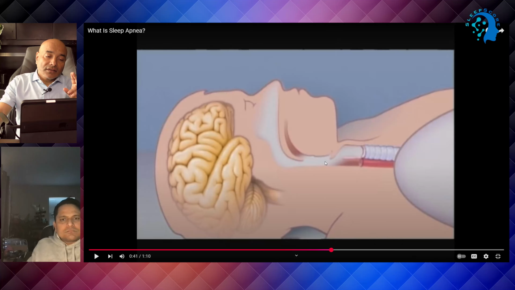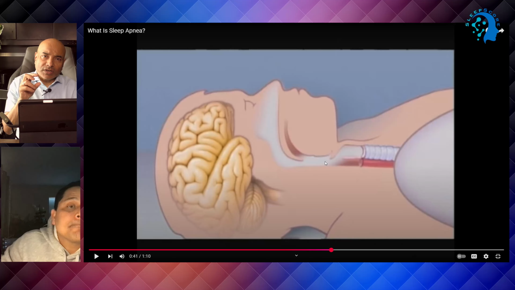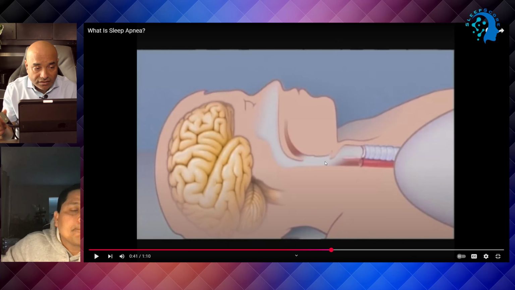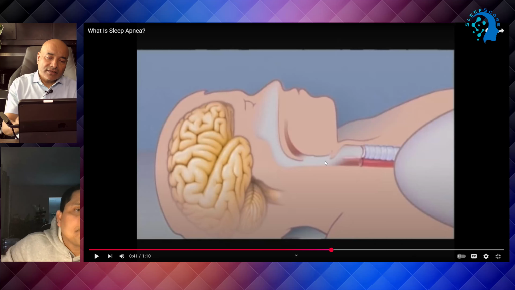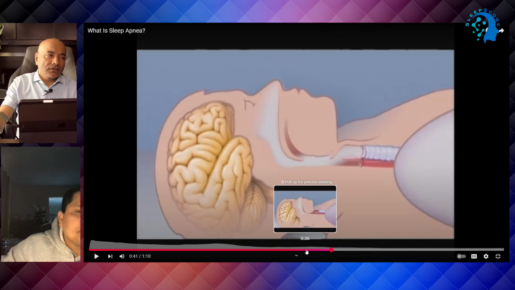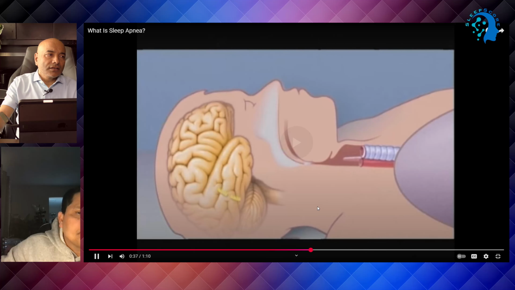But there are problems, sometimes because of some kind of brain injury. Some people have brain injury. They fell down, they hit their head somewhere. In that case, their brain does not send this order.